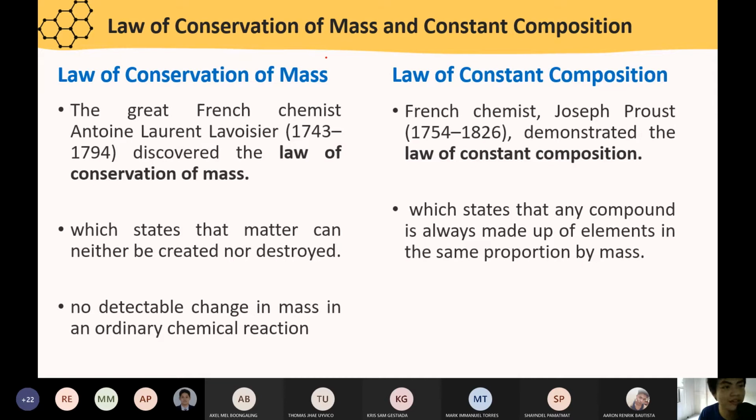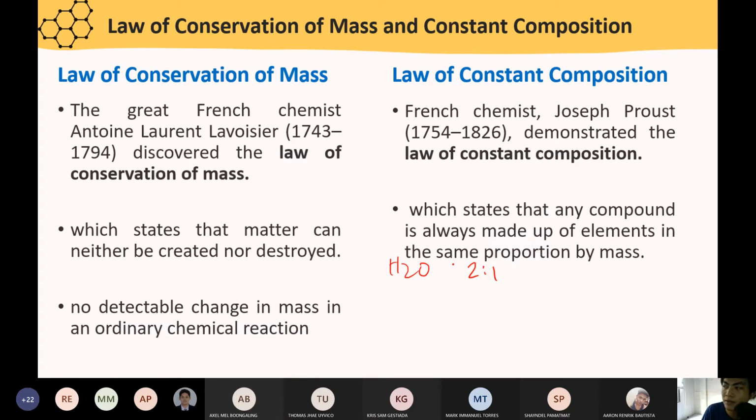And then, another thing is the law of constant composition. This is stated by Joseph Proust, one of the leading chemists at the time. So, sabi ni Proust is that yung ating compounds, they have definite composition, meaning they have definite ratio of elements in them. For example, water has a ratio of 2 to 1 of hydrogen and oxygen.